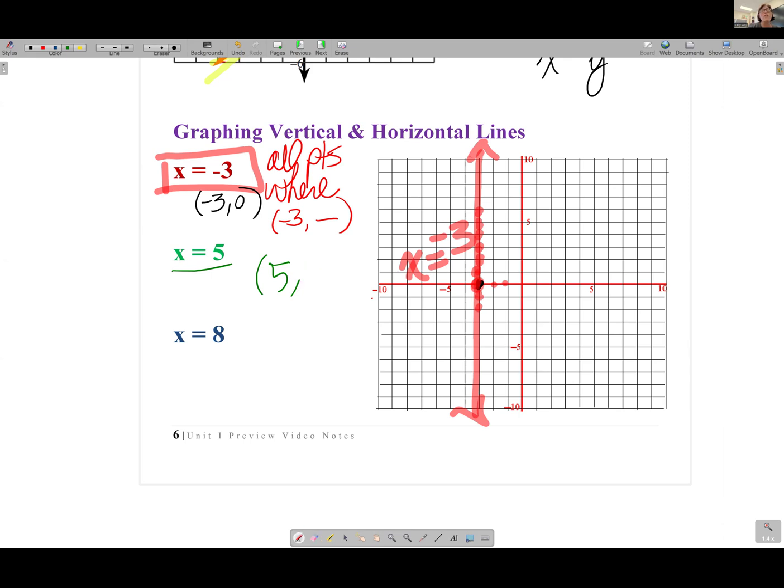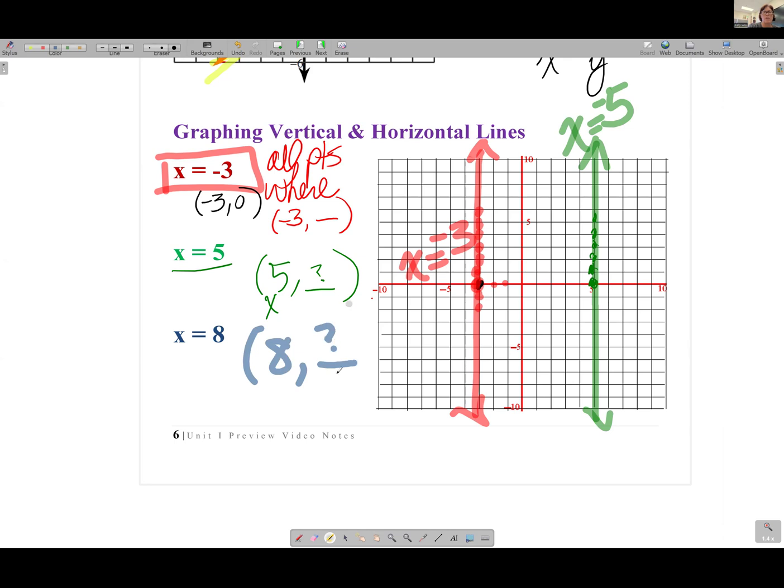So x equals 5 is all the points where x is 5 and y is something. So (5, 0), (5, 1), (5, 2), (5, 3), (5, 4), (5, 5), etc. You just work it up. It is a vertical line. X equals 8, all the points where you have 8, something.